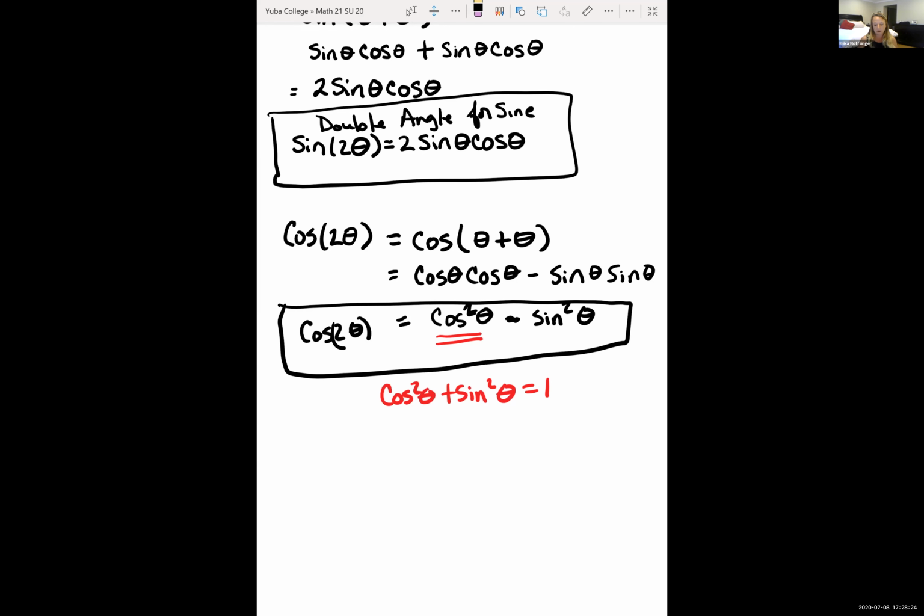And we do that a lot, or we were doing that sometimes when we were solving our trigonometric equations. We had to sometimes manipulate it so we had the same trigonometric function in our equation. And so we would use this identity. And so we can subtract sine squared theta on both sides. So we get cosine squared theta is equal to 1 minus sine squared theta.